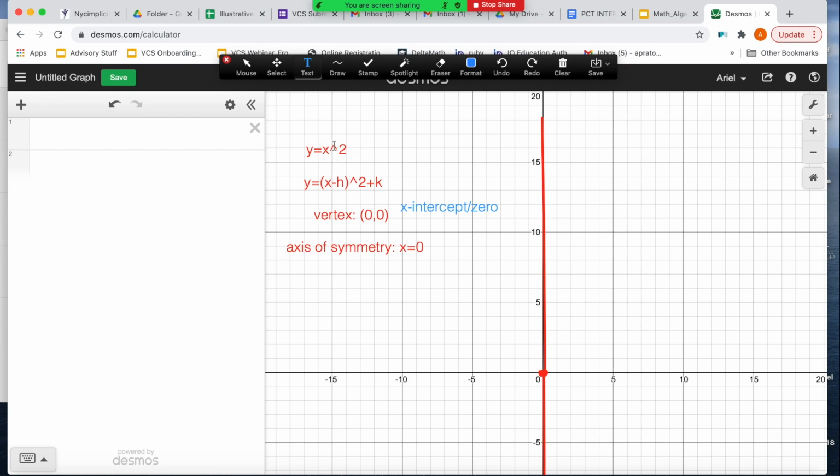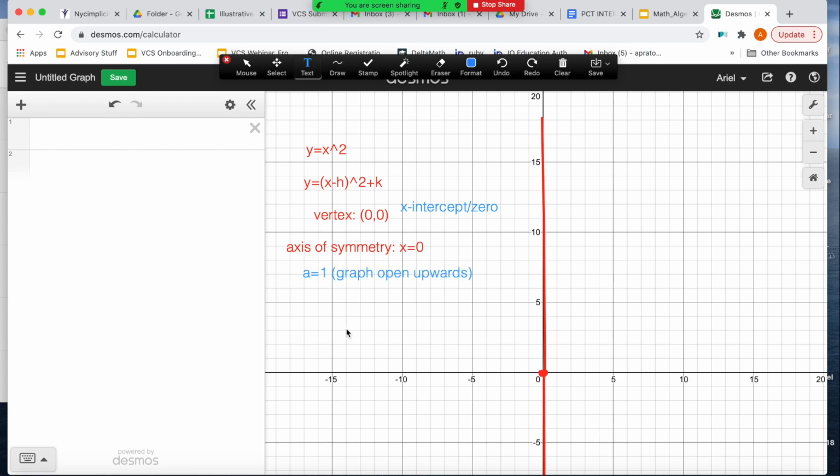Because we know this is a parabola, because we know it's a quadratic function, because it has a squared term, and it doesn't have any other terms with an exponent greater than 2. Now we have to ask ourselves, does the graph open up or down? Well, if we look at the equation, this is really like y equals 1x squared, and 1 is a positive number, so we know that a equals 1, and we know the graph is going to open upwards.